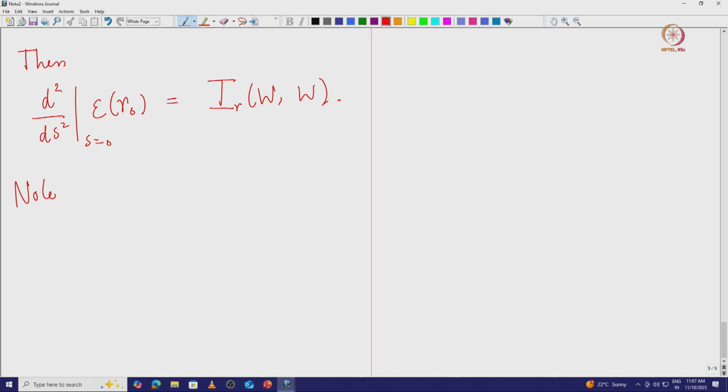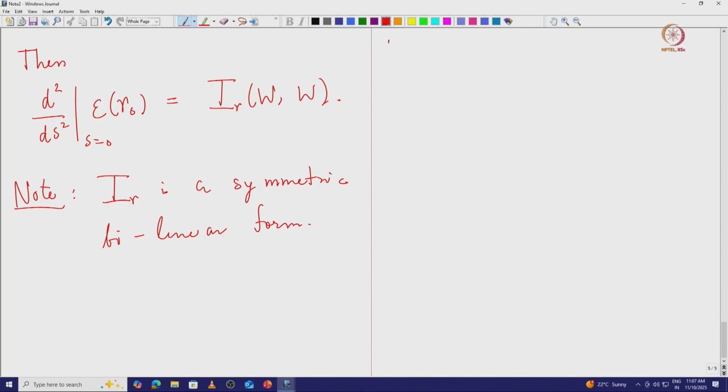So, note that the index form is a symmetric bilinear form.